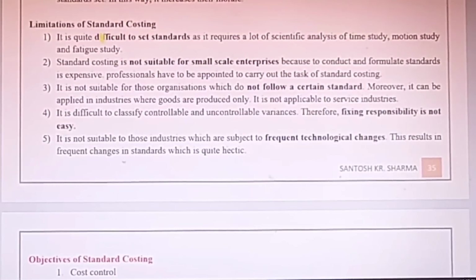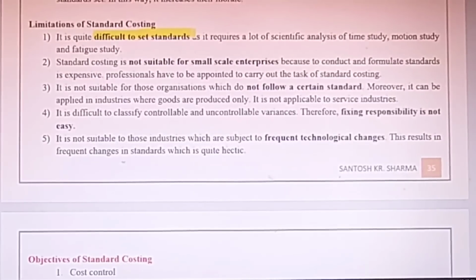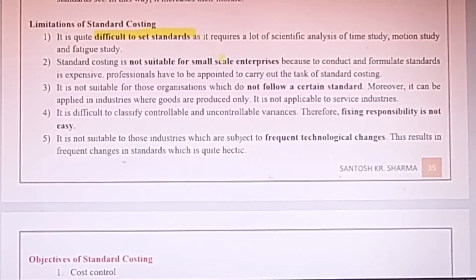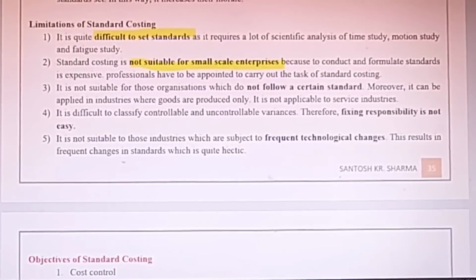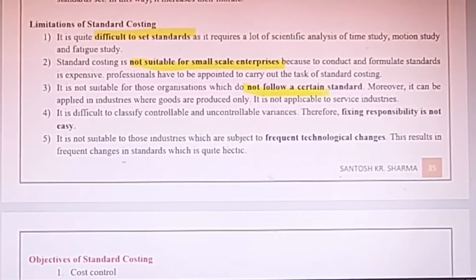Now basically, the first limitation or disadvantage is that it is quite impractical to set standards for efficiency, and it is not suitable for small scale enterprises or small scale business. And it is very hard to follow a certain standard because things keep on changing from time to time and situation to situation.